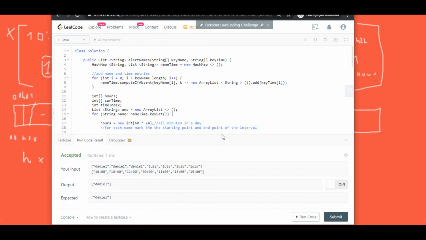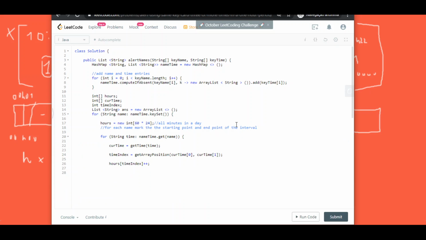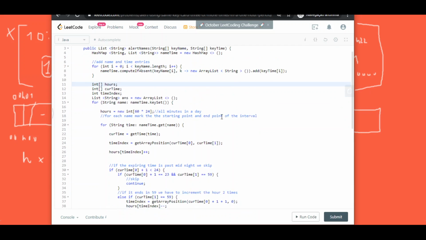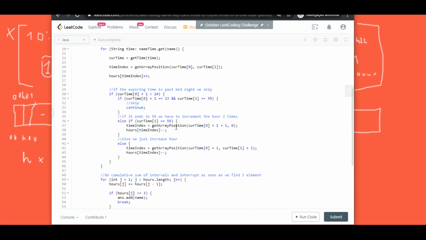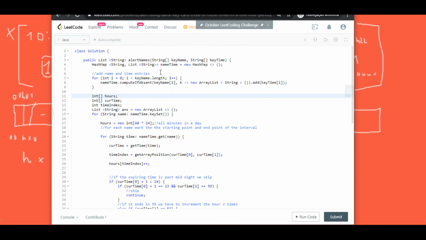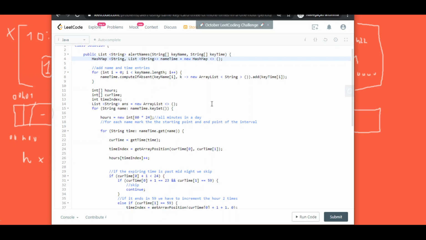So this is the solution that I used, and it starts with defining a hash map which will have each worker name and the entry times. So the first step is to map the names and the entry times.